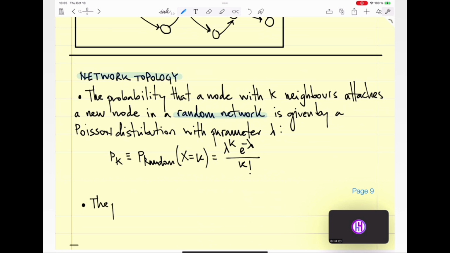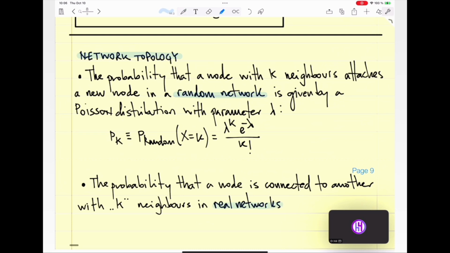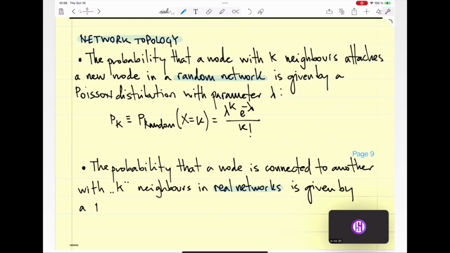The probability that a node is connected to another with k neighbors in real networks is given by what we call a power law distribution.